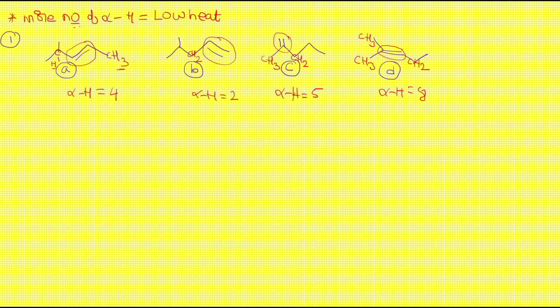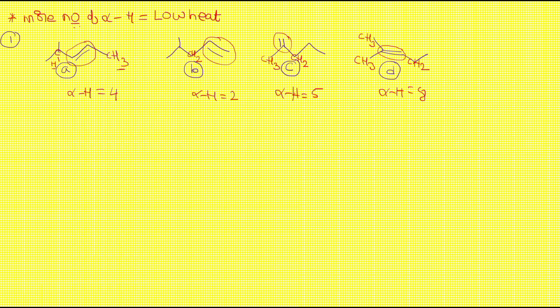So, by comparing the above, more alpha hydrogens means low heat. So, if they ask about the decreasing order of heat of hydrogenation, decreasing order means the compound with more heat first, then least heat of hydrogenation.